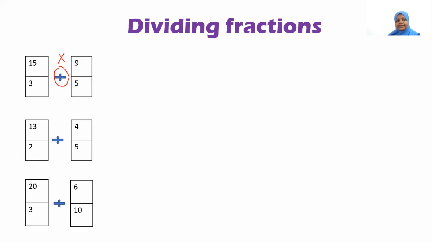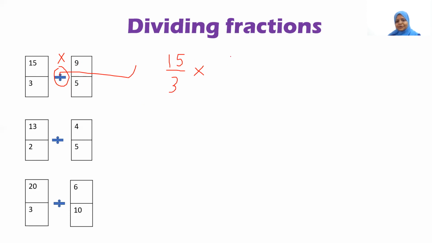You can't just erase this and change it into multiply. So what you have to do is write the first fraction which is given there, 15 over 3, and change the division sign to multiply. When you change the sign, automatically the second fraction becomes reciprocal.